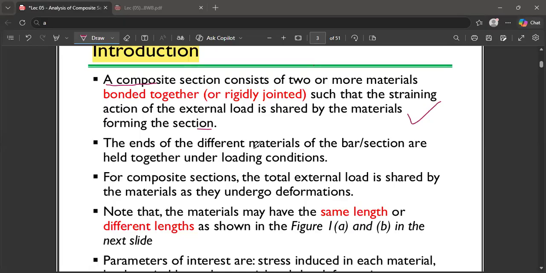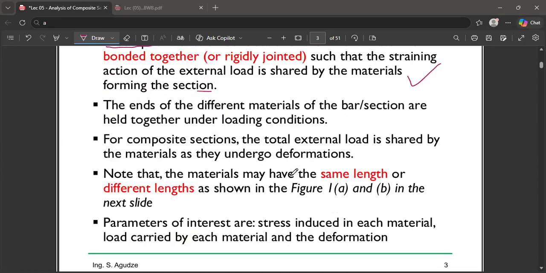The different materials of the bar or section are held together under loading conditions. For composite sections, the total external load is shared by the materials as they undergo deformation.